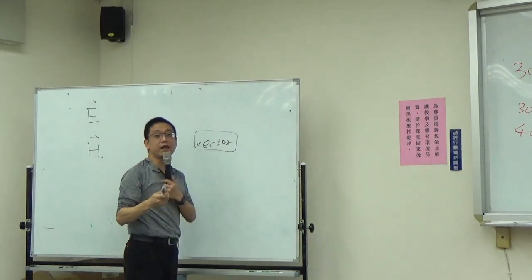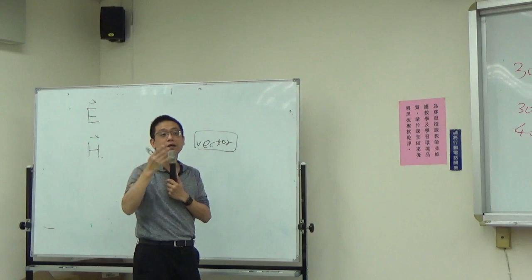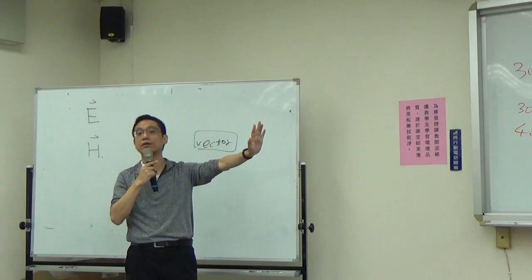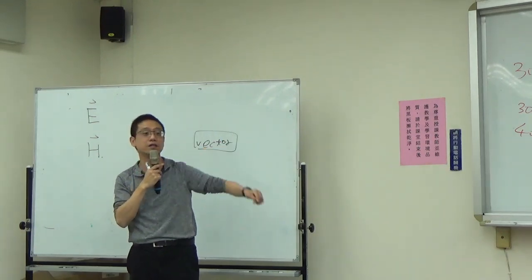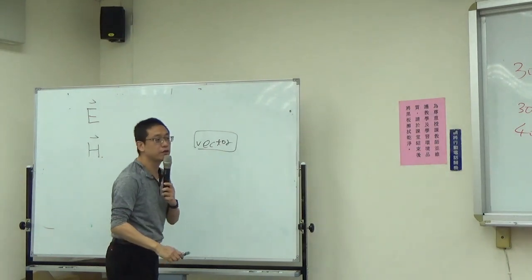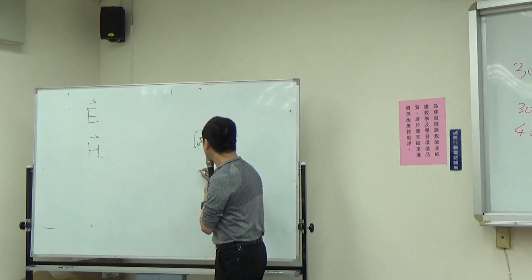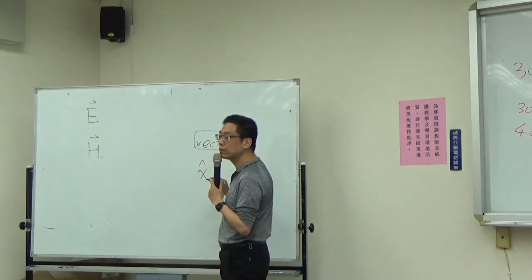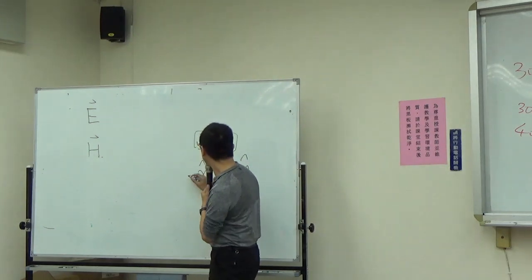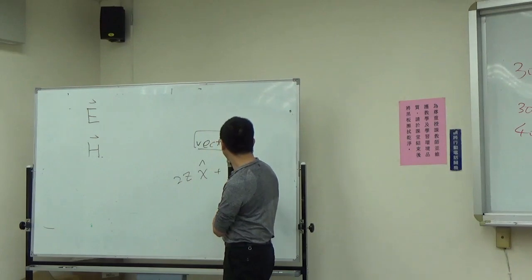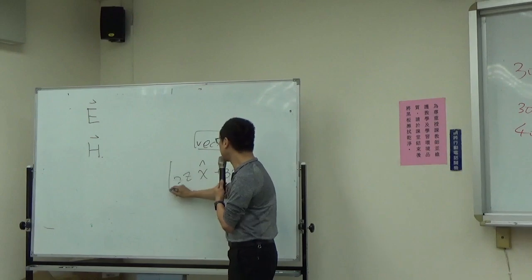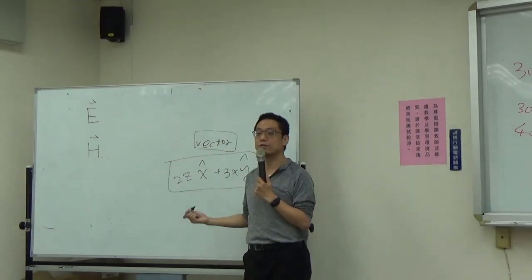I asked about scalars because scalars are something you are very familiar with. You don't need to learn that. But the thing you learn here is vector. Some of you maybe gave me an equation like, in the rectangular coordinate, I forgot the numbers, but maybe 2z plus 3x. Okay, this is an example, right?